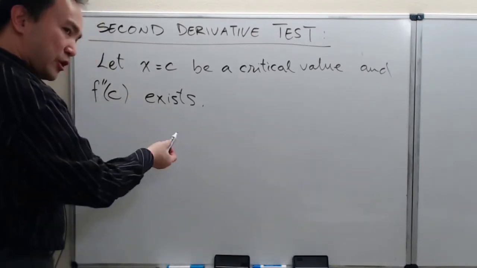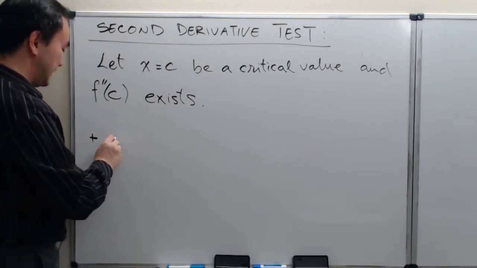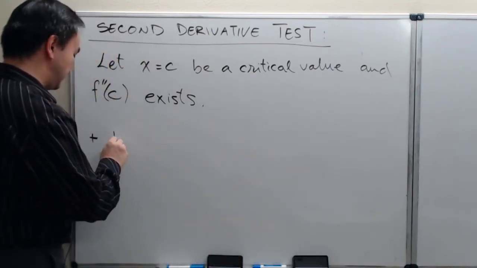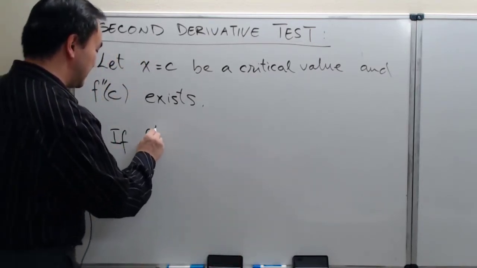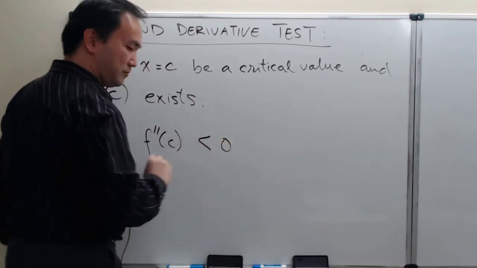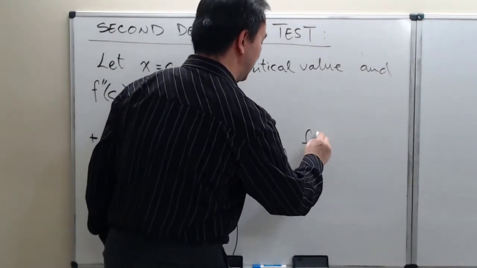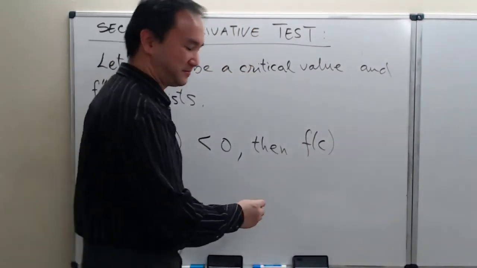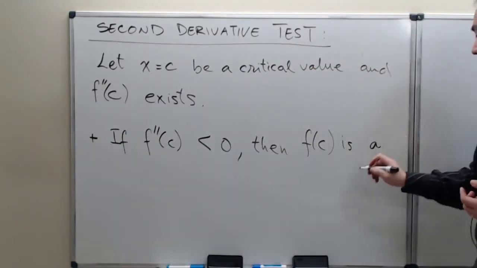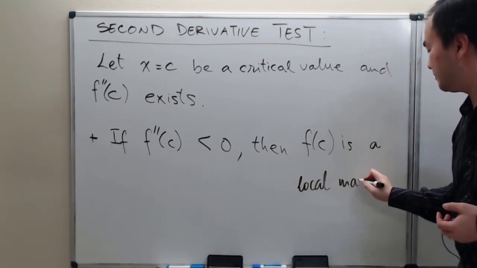But if we already had that requirement satisfied, then here's the thing. If f double prime at c is a negative value, then f of c, the function value at c, is what I call a local maximum.